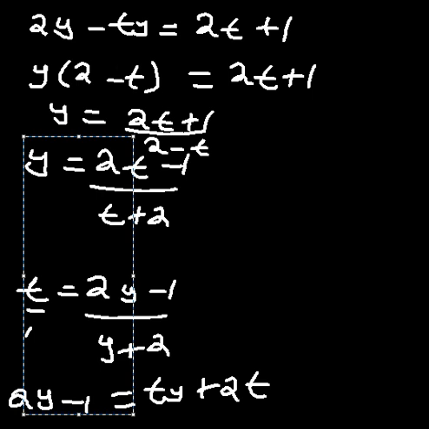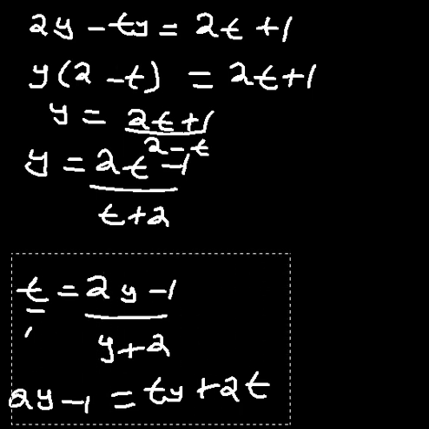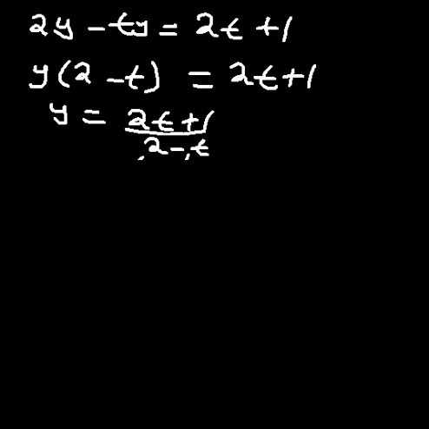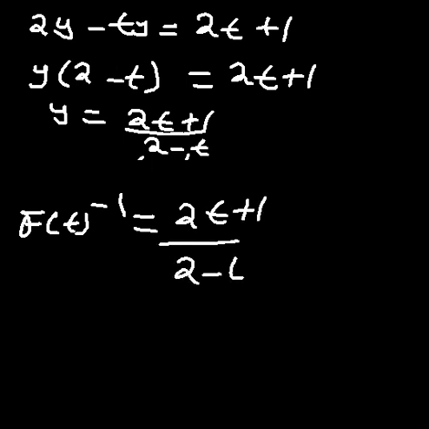And now which means we'll have f inverse of t given as 2t plus 1 over 2 minus t.